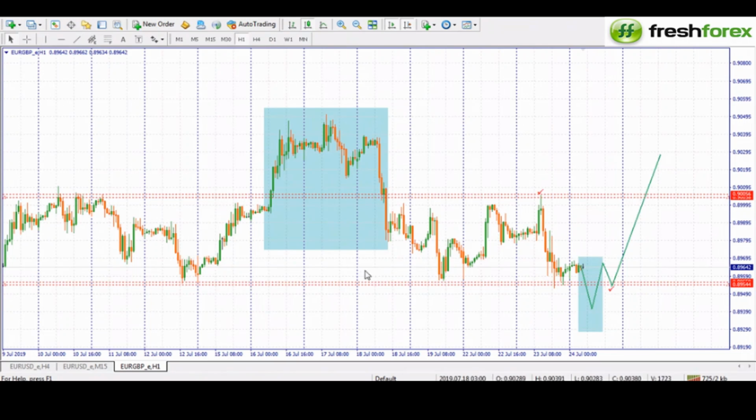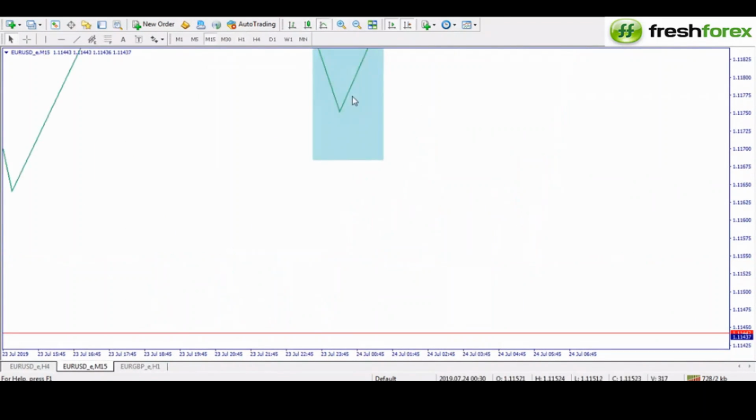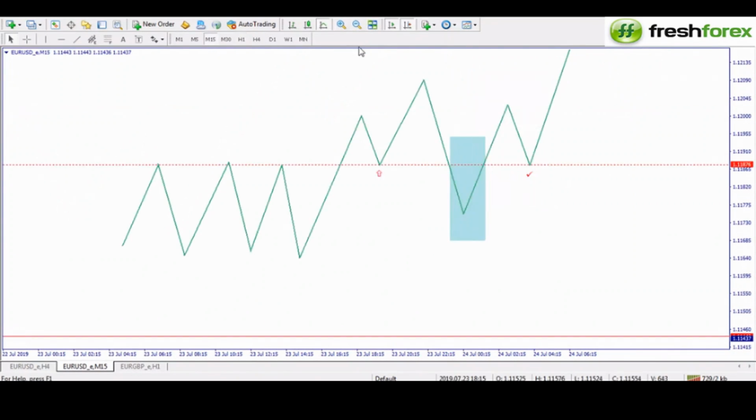So we look at the next example, which was this one, where price breaks above a resistance. Price goes above a resistance, remains above it temporarily, and then breaks below before continuing upwards.